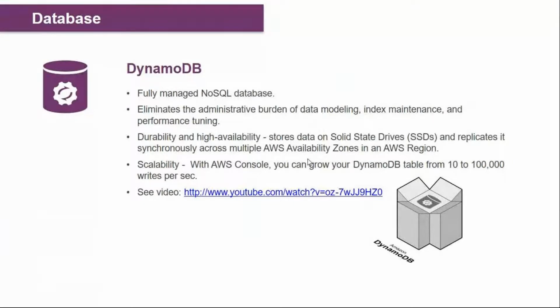AWS DynamoDB is a fully managed NoSQL database service that provides fast and predictable performance with seamless scalability. With a few clicks in the AWS management console, customers can launch a new Amazon DynamoDB database table, scale up and down their request capacity for the table without downtime or performance degradation. There is no need to take down your database services.